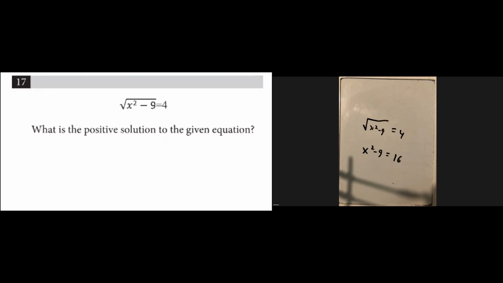And then if we get rid of the minus 9, we have x squared equals 16 plus 9, which is just 25. And so the square root of x squared and the square root of 25, we get x equals 5. So what is the positive solution? It would be 5.